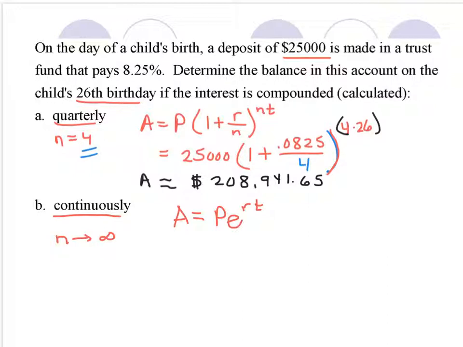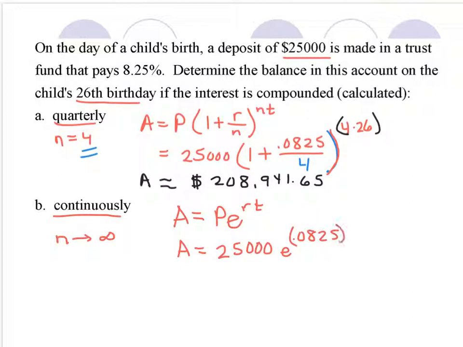So using this formula, we simply do our substitution. Principal, the original amount invested. e is the number 2.71828. We're just going to let our calculator do the work. r is still our interest rate of 0.0825 as a decimal. And then t is going to be the number of years, 26.